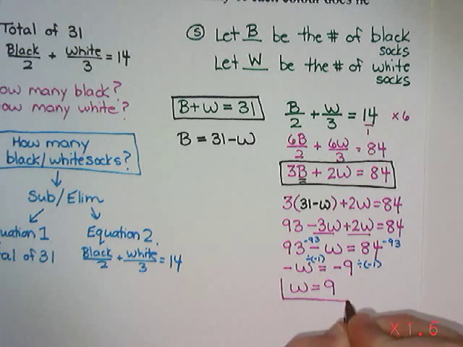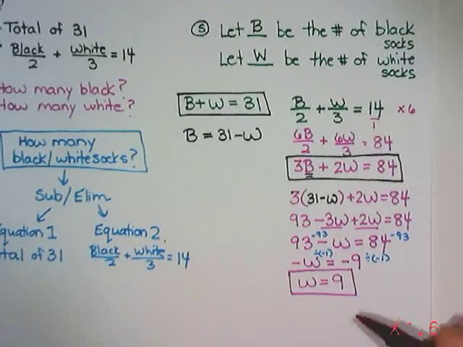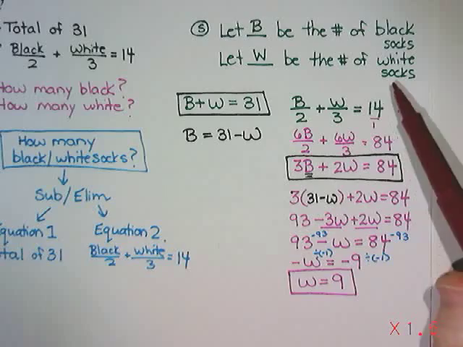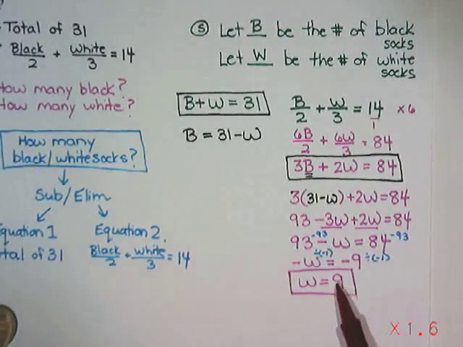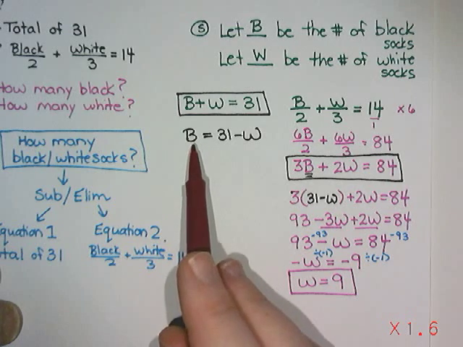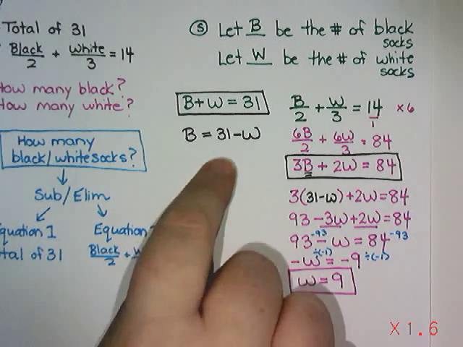So W equals 9, which means there should be 9 white socks. So that's what that means, right? W is the number of white socks. I need to now take that 9 and come back up here and calculate the number of black socks. So I'm going to put the 9 back in.